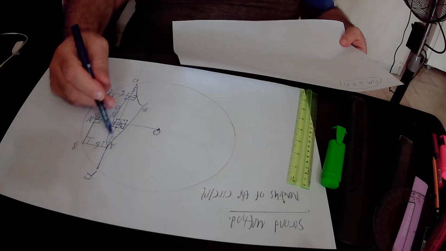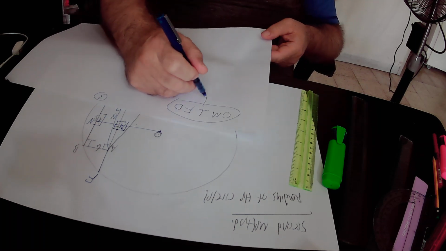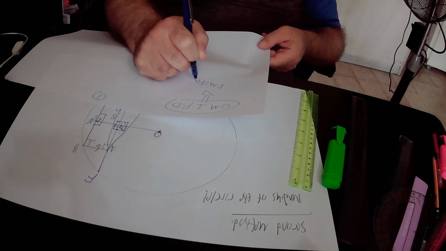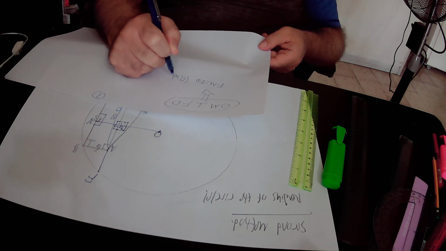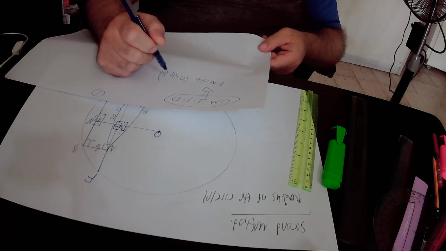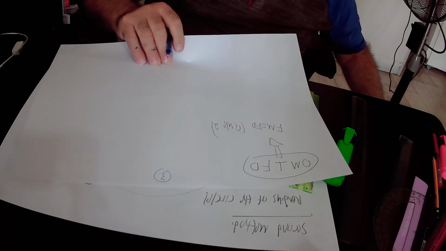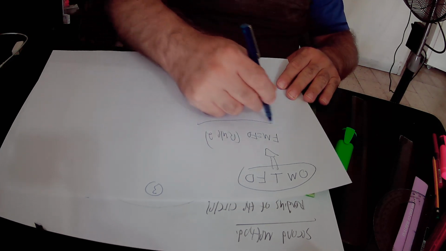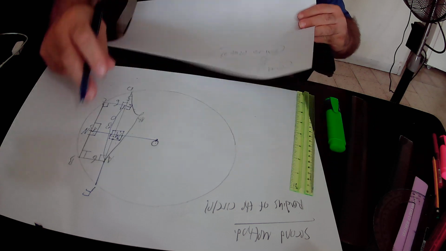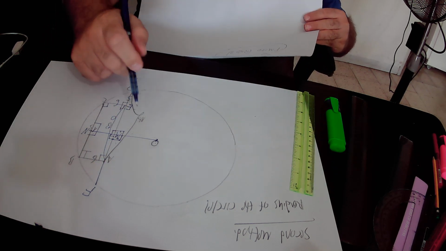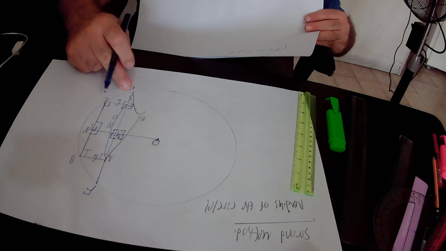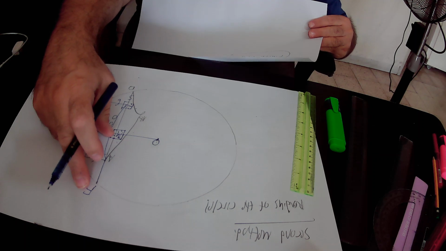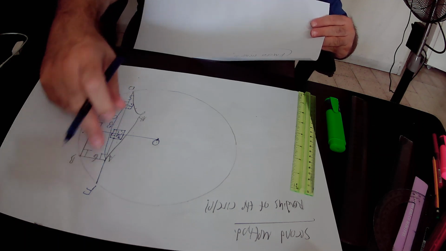That is to say, FM equals MD. Why? Because OM bisects chord FD, that is to say, it cuts it into two halves. This half equals this half. FM equals MD.